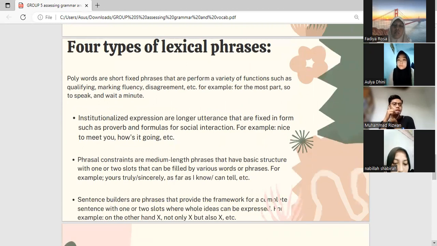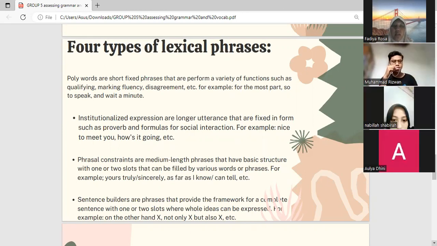Next, for the types of lexical phrases, polywords are short, fixed phrases that perform a variety of functions such as qualifying, marking fluency, disagreement, and so on.